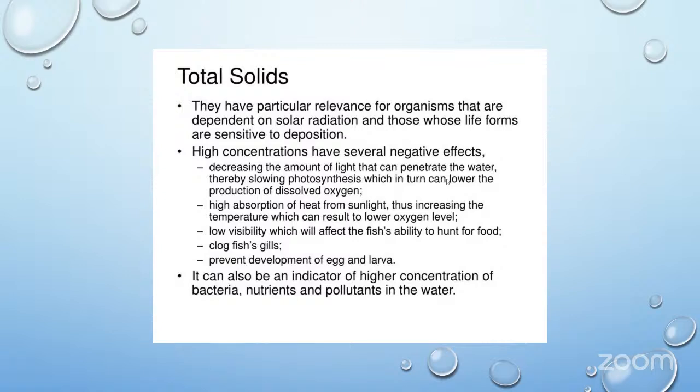High absorption of heat from sunlight increases the temperature, which can result in lower oxygen levels. Low visibility affects the fish's ability to hunt for food. It clogs fish's gills and prevents development of eggs and larvae. It can also be an indicator of higher concentrations of bacteria, nutrients, and pollutants in the water.